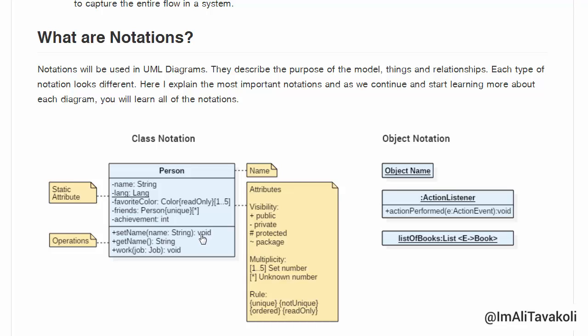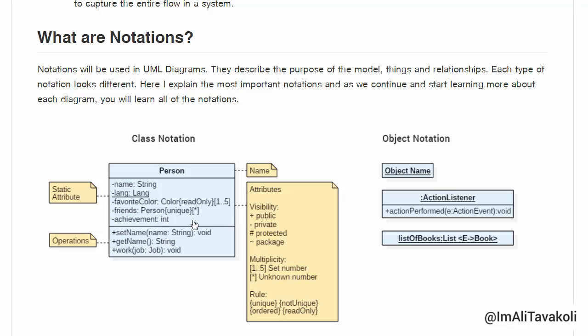So here we type void, but if the operation is going to return something, we type the type that it is going to return. In our example here, the getName method is a public method and is going to return a string.